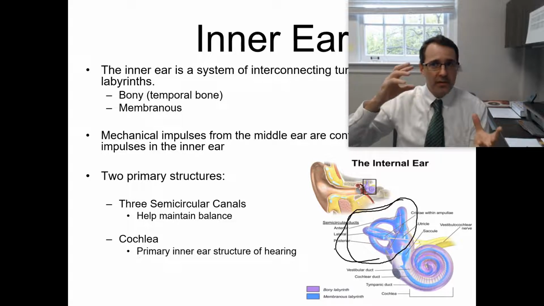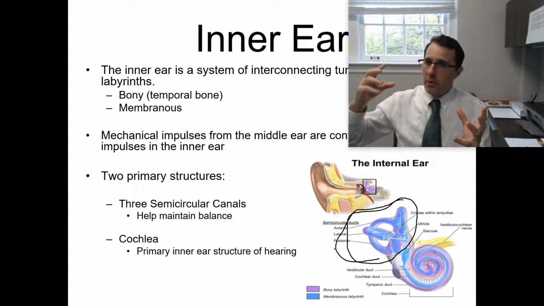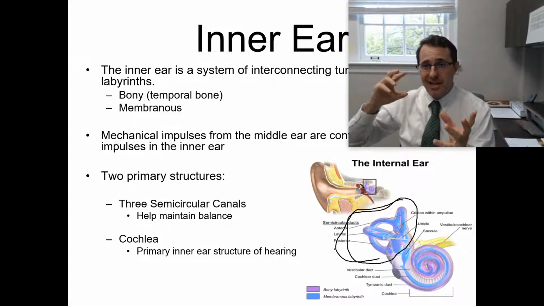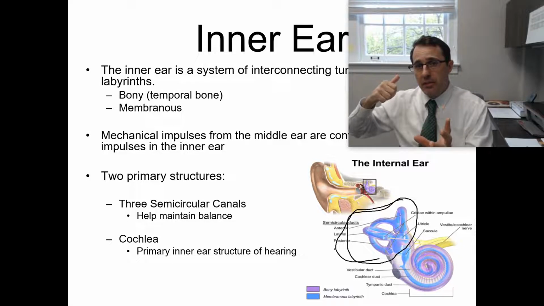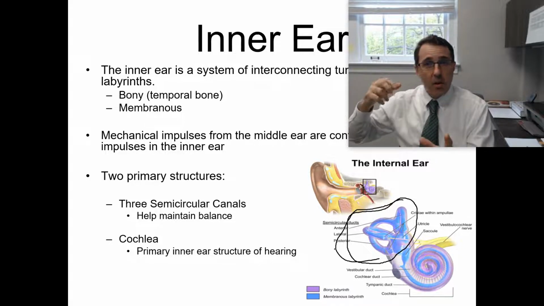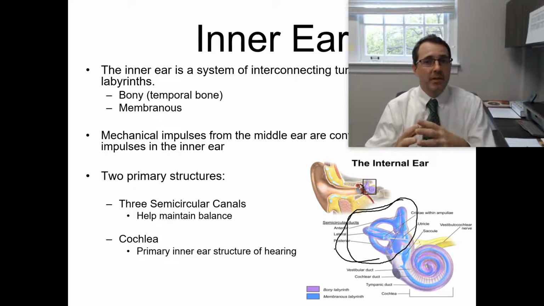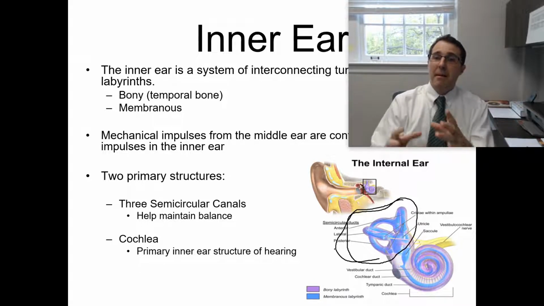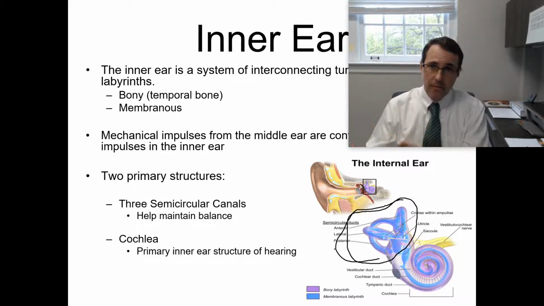So there's fluid within the semicircular canals. And when you move your head, the fluid within the semicircular canals shifts. And that sends a signal to your brain that tells your brain how you have moved in space. So semicircular canals have to do with balance.